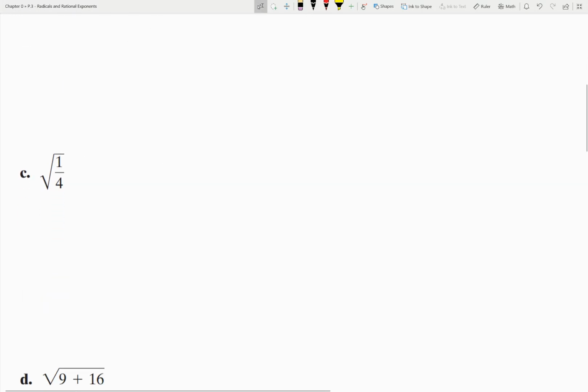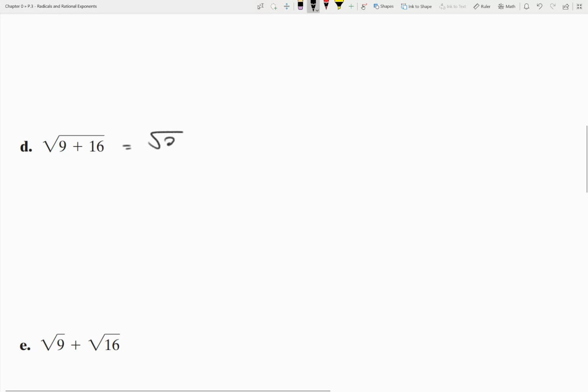Fractions: there are 2 ways to think about this. We could just ask what times what gives me 1/4, or I could take the square root of the top and the square root of the bottom to give me 1/2. The square root bar acts like parentheses, so we should do everything underneath the radical sign first.